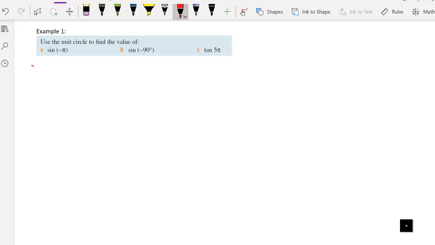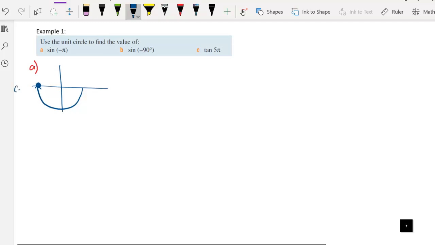So if we look at the first one, A. Negative pi means we're going backwards 180 degrees. And we end up at this point here. Now if we're talking about the unit circle, we know that in the x here it's -1, and in the y it's 0.